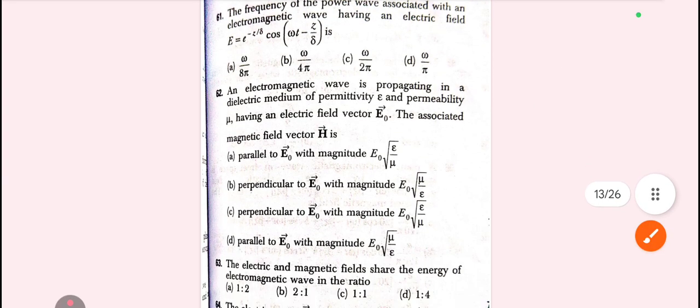An electromagnetic wave is propagating in a dielectric medium of permittivity and permeability. The associated magnetic field vector H is... for question number 62.